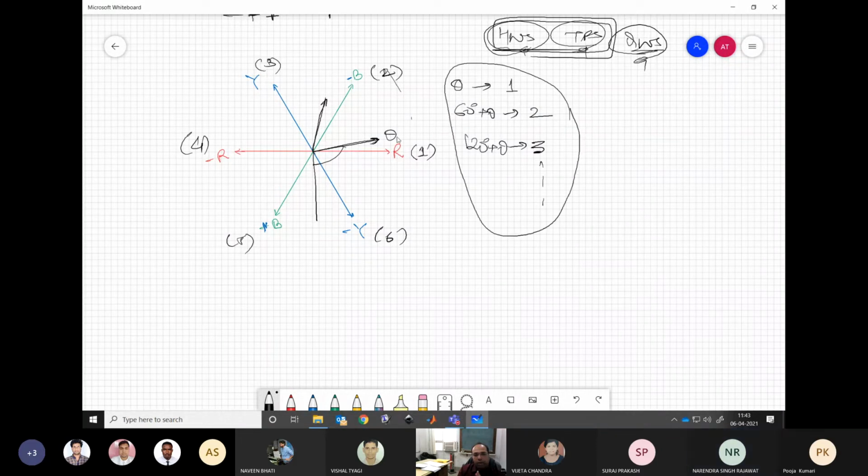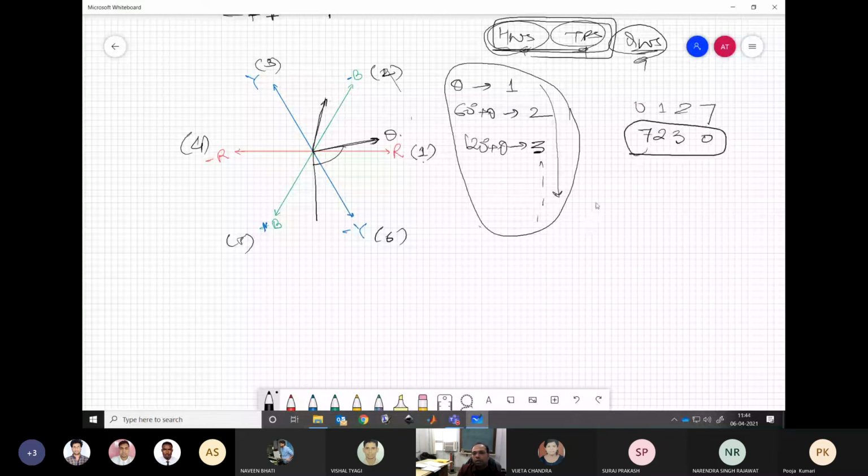If you are applying a vector 1 over here and you are going in a cyclic manner, you see that all the vectors are applied in sequence. You need not even think much. You just need to apply the next vector at that particular position. So if we have 0, 1, 2, 7 applied at theta, here it automatically becomes 2, 3 and whichever corresponding zero vectors come: 7, 2, 3, 0 at 60° plus theta.